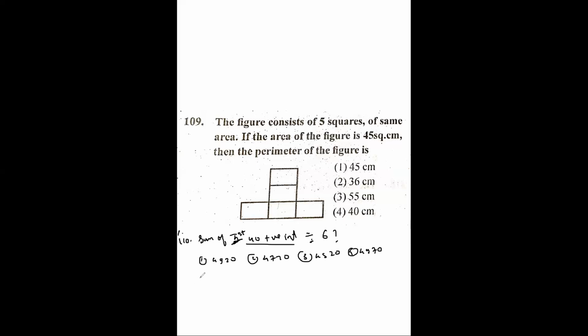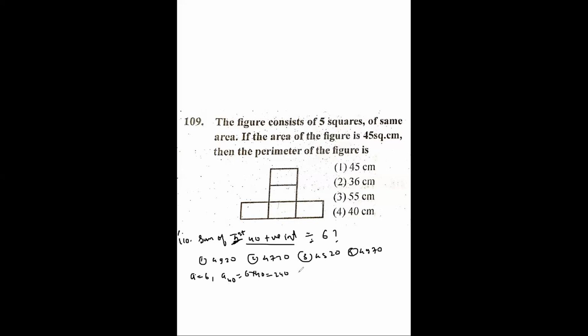Okay. So to simplify, first I will write the first positive integer divisible by 6. So a will be equal to 6, and the 40th positive integer divisible by 6, that is a40, will be 6 into 40, which is equal to 240.